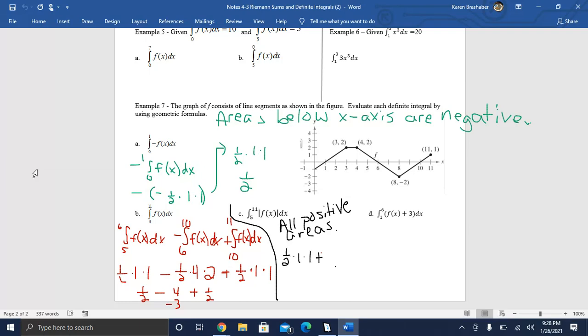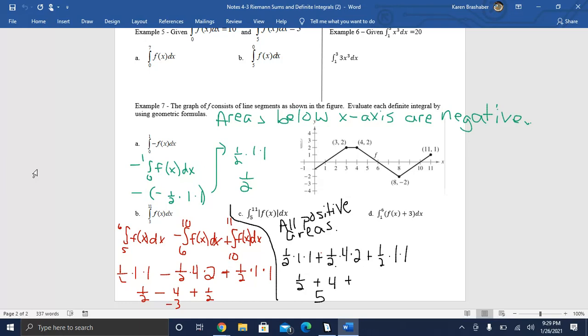But then instead of subtracting, we'll add 1/2 times 4 times 2. And then we'll add 1/2 times 1 times 1. And so we'll get 1/2 plus 4 plus 1/2. And we'll actually get 5 as the answer to part C.